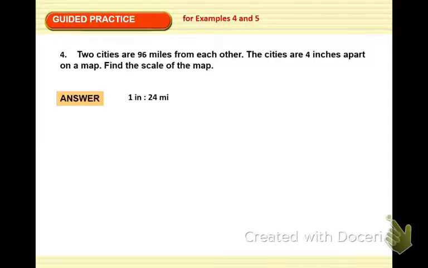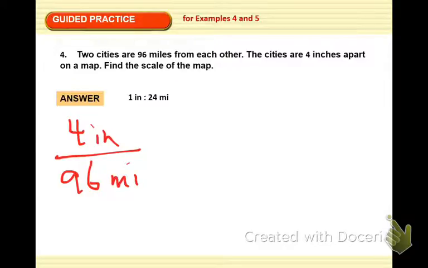I don't know what the issue is. All right, so we take the map 4 inches over the actual 96 miles, and then we have to make one of the units 1, so let's divide by 4, and that is equal to 1 over 24, 1 inch over 24 miles.